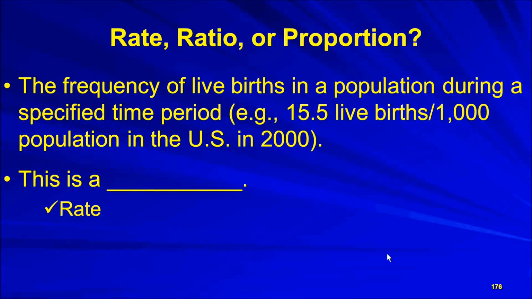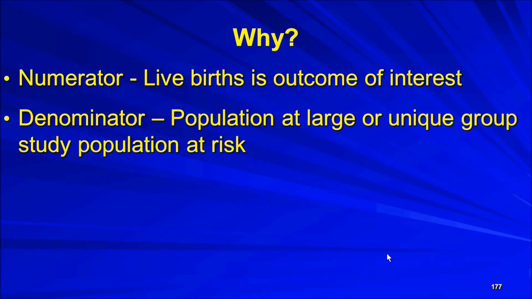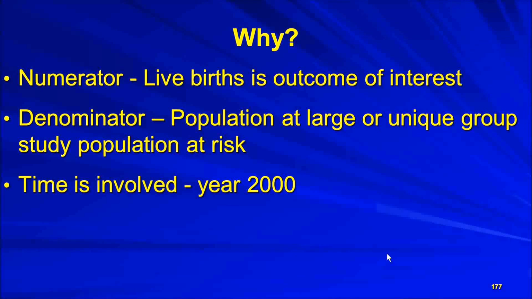Another problem will help make that clarification. Notice the word frequency, having to do with magnitude. Frequency comes from the definition of epidemiology introduced at the beginning of the course. Okay? Next. Why? Numerator, live births is the outcome of interest. Denominator, population at large or unique groups, the study population at risk.